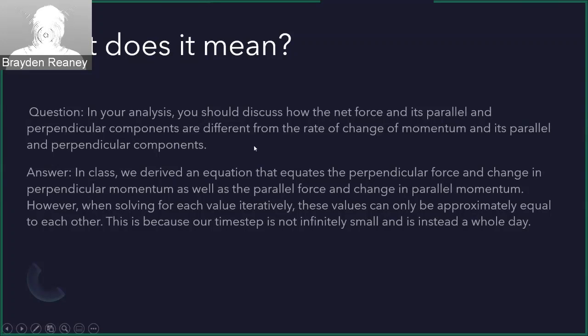However, while solving for each value iteratively, these values can only be approximately equal to each other. And this is due to our time step being not infinitely small, and instead it's a whole day. So once again, if I wanted to get these values to be a little bit closer, I would choose a smaller time step so that the iteration process would affect the results a little bit less.